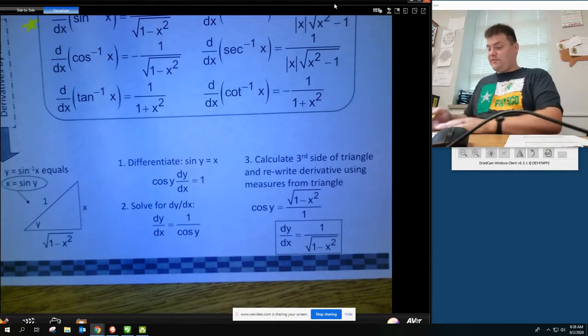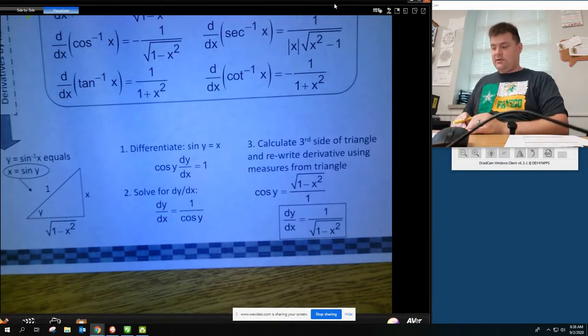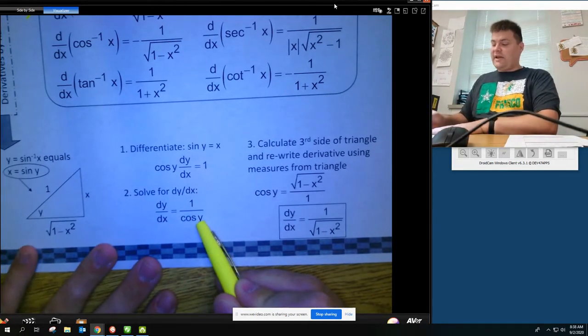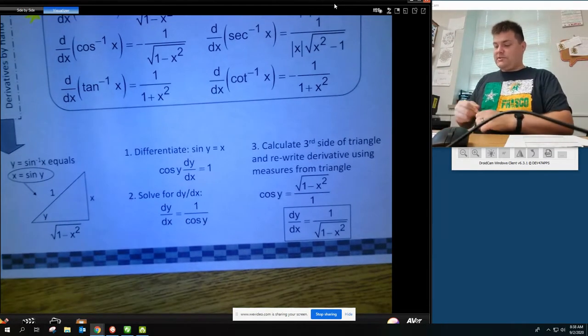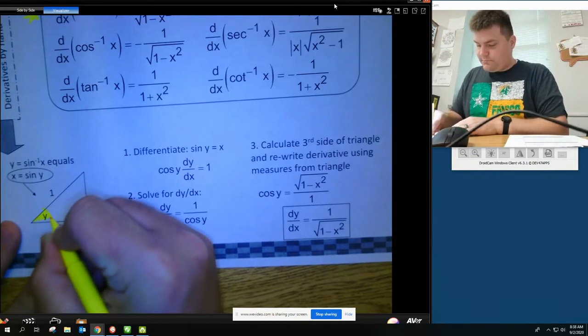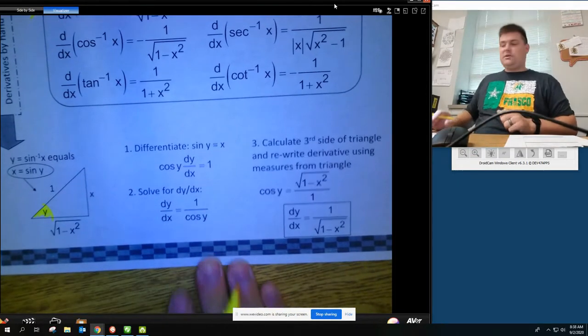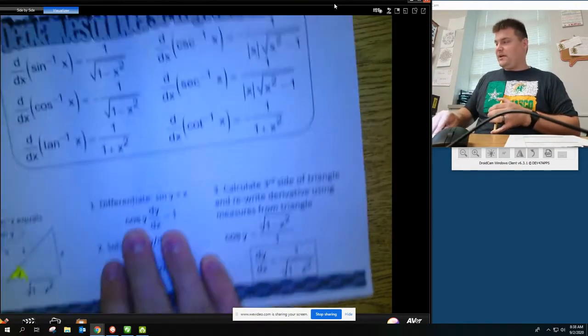So the derivative of inverse sine is really 1 over cosine y. But we shouldn't have y's in our answer, so that's why we will come back here and replace it. And this y right here is actually going to be our angle. So you don't need to know how that works, but it can really help you figure out what we are doing here.